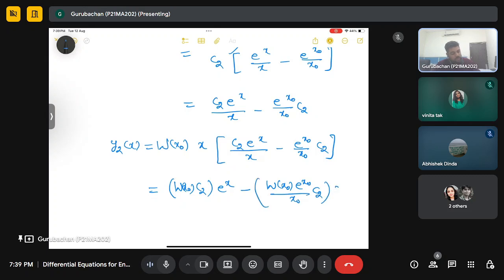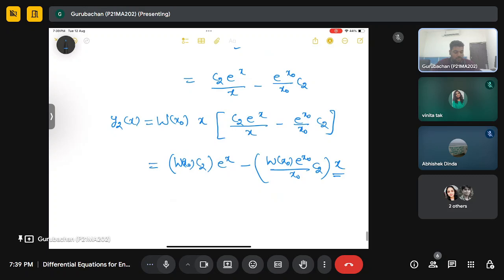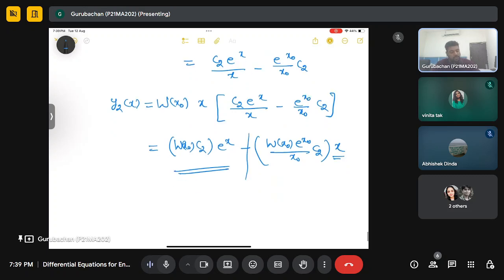This is a whole constant times x. x was our first solution, and this is another linearly independent solution, so we can ignore this one. Our y2 of x will be nothing but e to the power x. I'm just writing exactly e to the power x. Here it is a constant, so it can be any multiple of this.